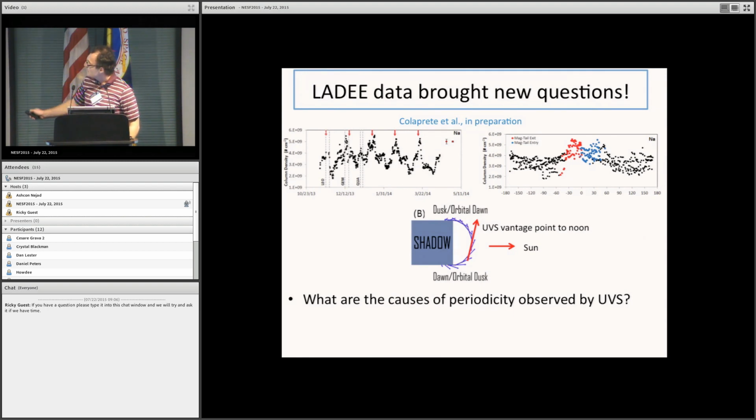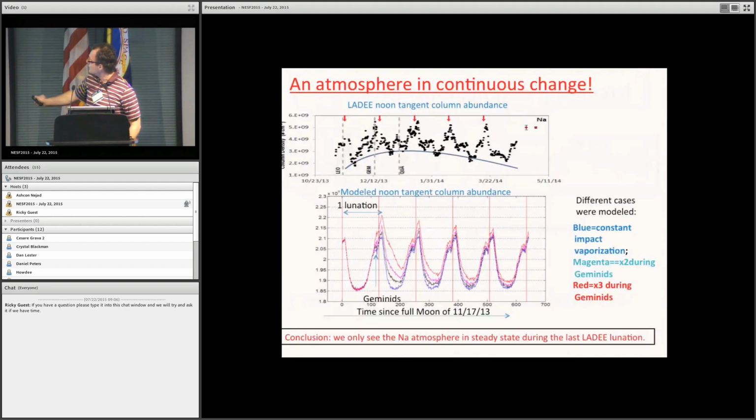Also notice how it was observed with LADEE: there were clear correlations, enhancements in the atmosphere at times of major meteoroid streams like the Geminids, and Tony will expand on this in his presentation. When you plot the data as a function of selenographic location, you also clearly see that the atmosphere peaked at lunar phases about 10 to 30 degrees past full moon.